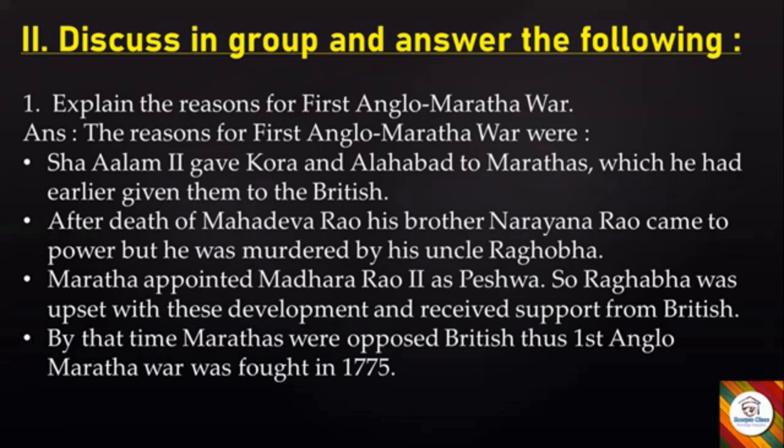Marathas appointed Madhava Rao II as Peshwa. So Raghoba was upset with this development and received support from British. By that time Marathas were opposed and the British thus started First Anglo-Maratha War and it was fought in 1775. Okay, so this led to the First Anglo-Maratha War. So these points you can remember.